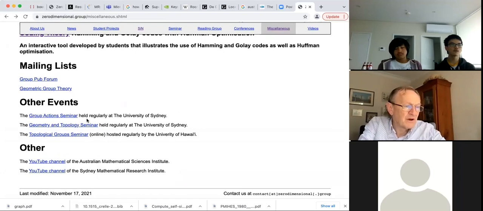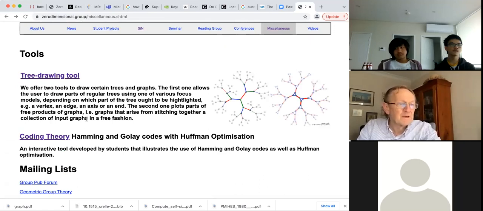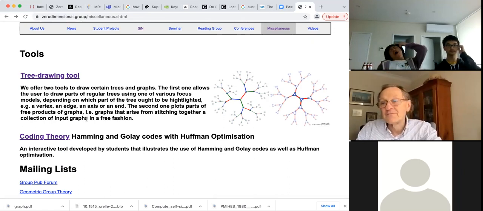I don't know if we have it. Yeah, it's not on the website at the moment, but we do have something where you can add a vertex, and then the whole thing will readjust itself according to that algorithm, to change shape.